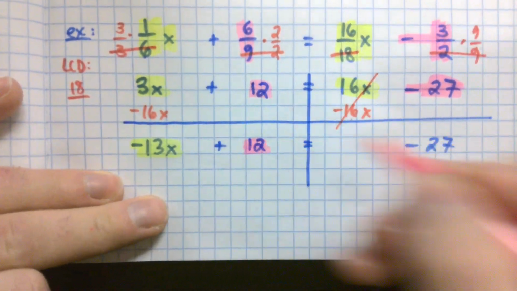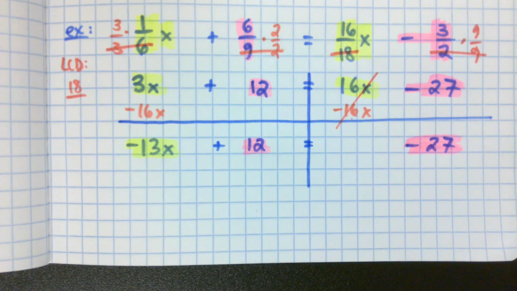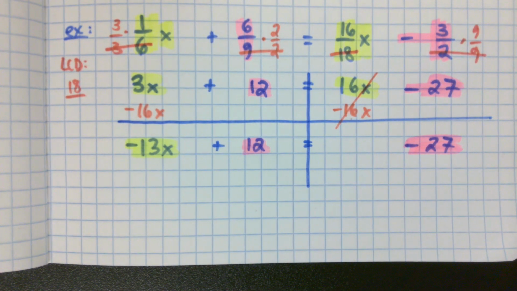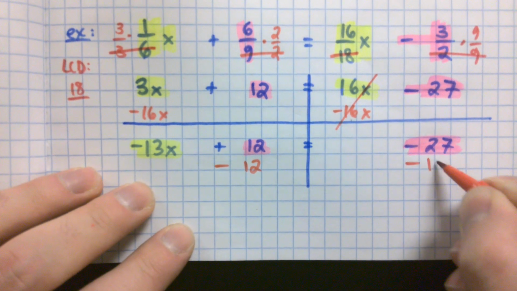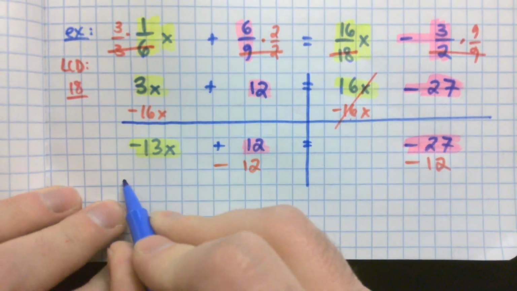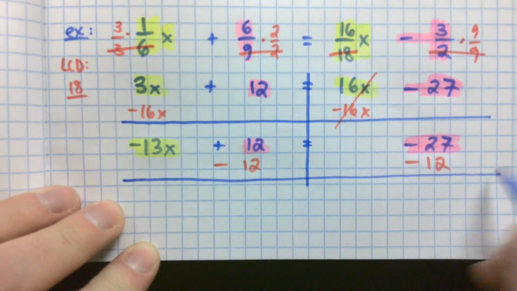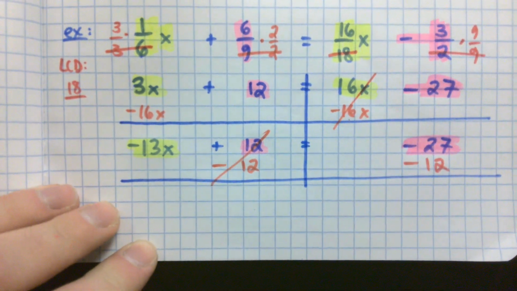Same old two constant terms. Brought my yellow term to the left. What am I going to do with that plus 12 if I want to bring it over to the right? Subtract again. Minus 12, minus 12. Those 12s now go away.